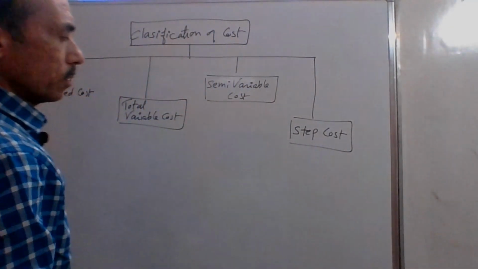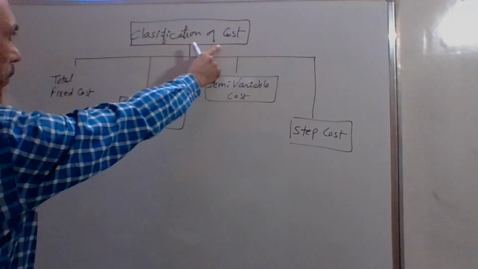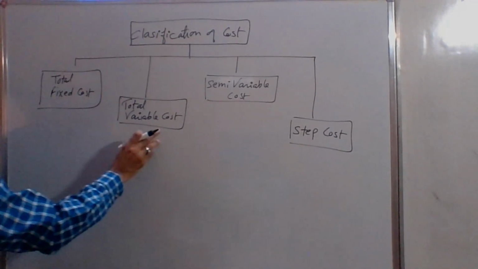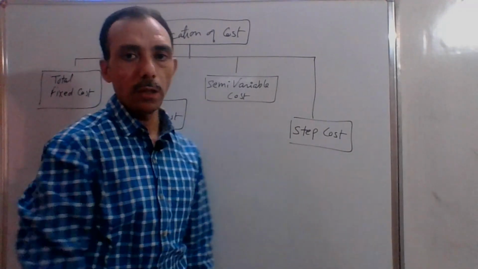So, cost can be classified in four parts: total fixed cost, total variable cost, semi-variable cost, and step cost.